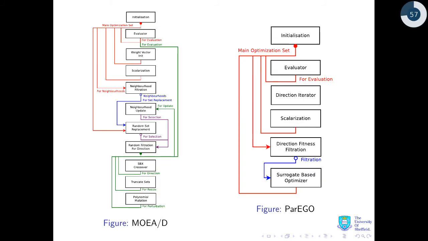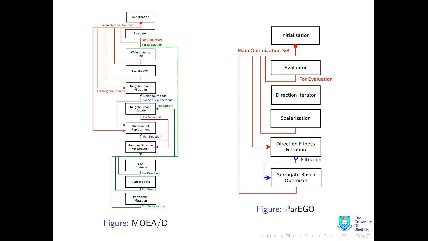And here I'm comparing two algorithms. On the left we have MOEA/D, which is a different type of MOEA. It's decomposition-based, so it needs to create weight vectors. One of the operators is a weight vector init, and then there is scalarization. For each weight vector, it scalarizes the solutions, because it has different single-objective problems.